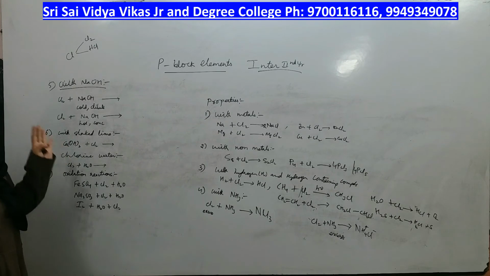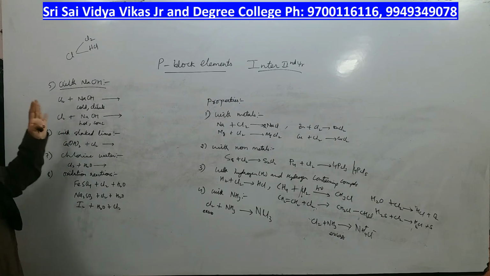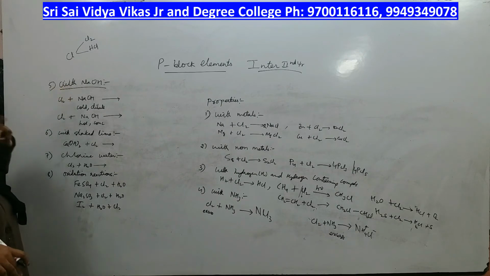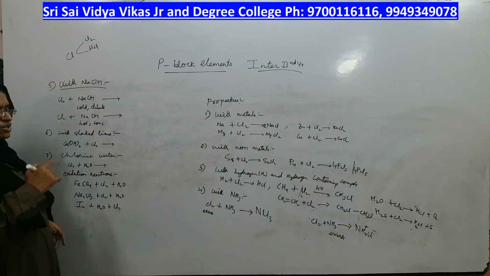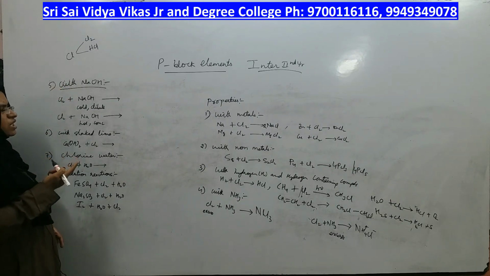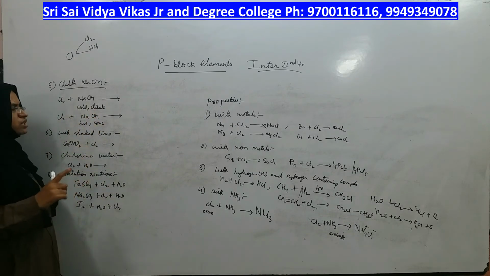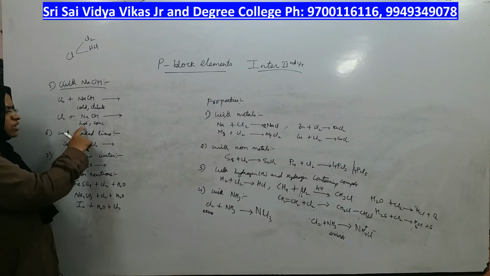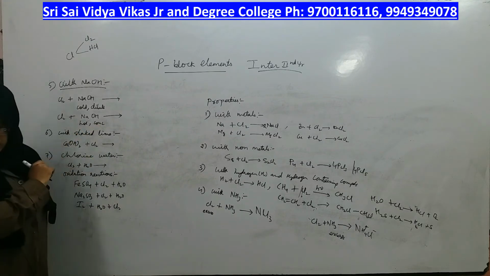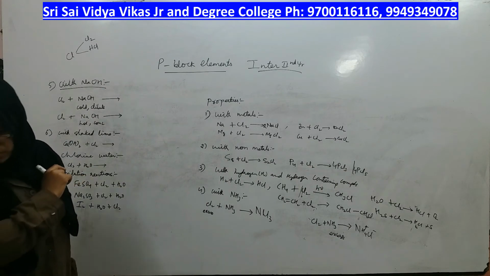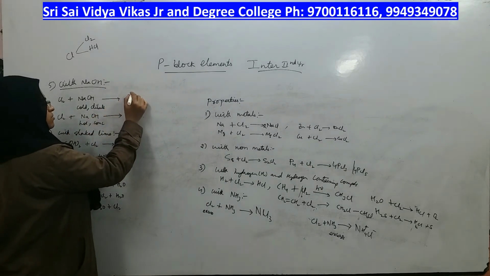Now let us look at the remaining properties of chlorine, which is how it reacts with NaOH. With NaOH also, it's just like ammonia. It reacts with cold and dilute NaOH to give a different product, and hot and concentrated NaOH to give a different product. With cold and dilute NaOH, you get sodium chloride.